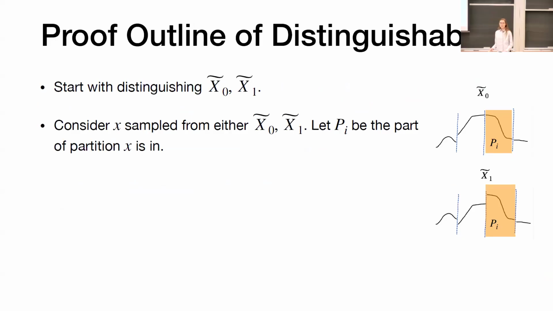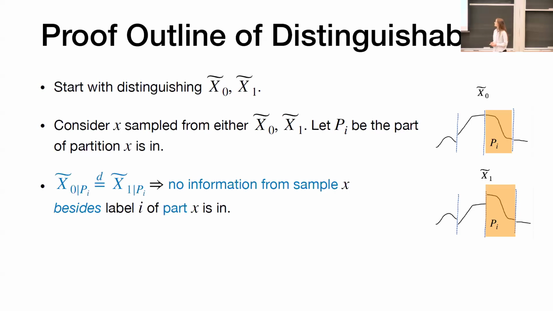Consider an x that's sampled from either x0 tilde or x1 tilde, and let pi be the part of the partition that x is in. So for example, this part here. Now, our multi-calibration theorem for distinguishing told us that once we look in this partition and look at the distribution of x0 tilde and x1 tilde, there's no information to gain from the sample besides the label of the partition, because the functions look identical once we condition on being in the part of the partition.